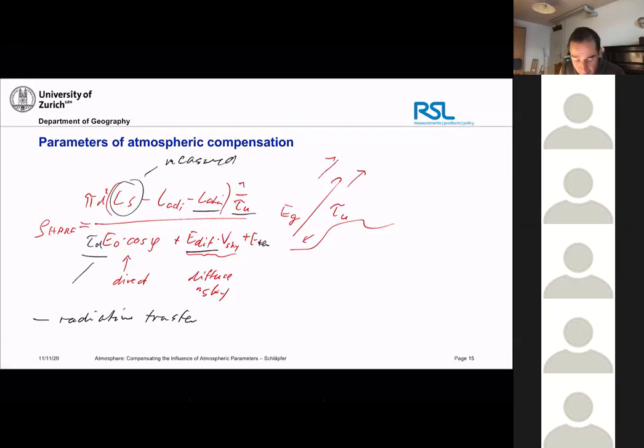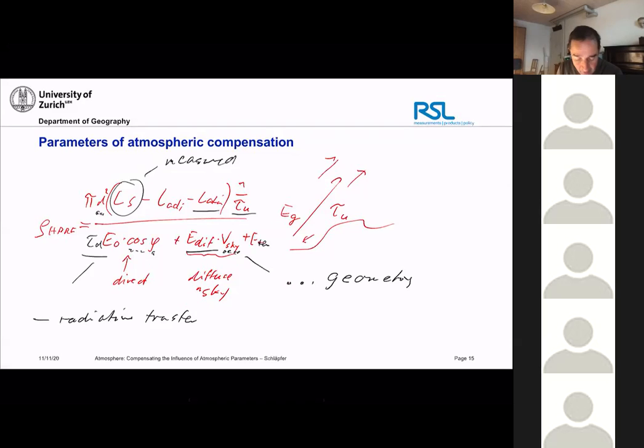Now there are still a few missing, for instance that one, and that one. They are from geometry. You know the geometry of your image, you know the sky view factor from the terrain, you know the irradiance angle, and you know the distance from the sun. That's a geometric, astronomical thing.